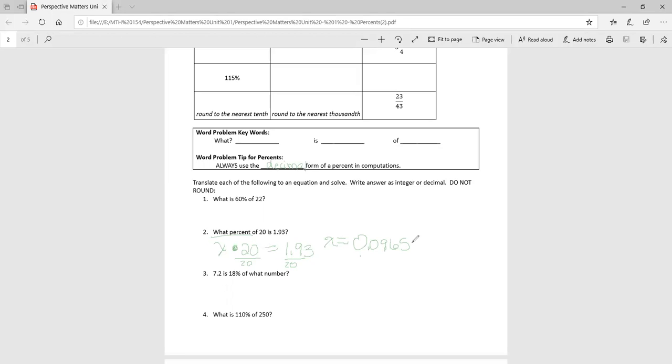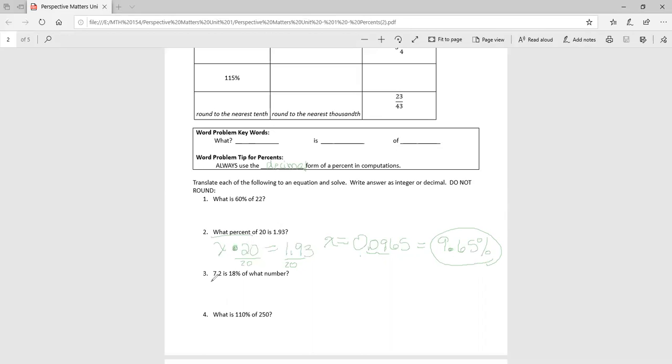So once we found a problem with a decimal, we do want to convert it back to a percent because we were asked for a percent. So to convert back, move it 2 over, so 9.65%. Okay. And then again, if you have the hang of it, go ahead and try on your own, pause. If not, keep watching.